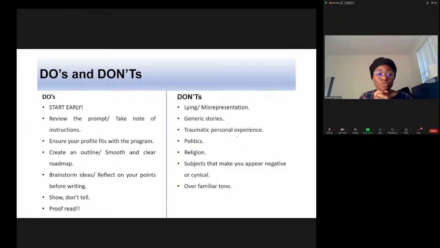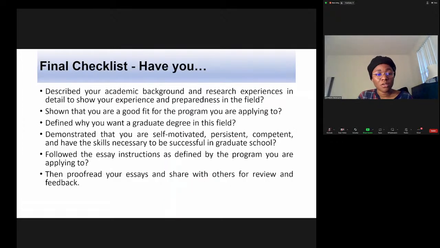Don't use an overfamiliar tone, as if you're writing about your baby you're cuddling. No. Make sure whatever you're writing, you still appear formal. Even if you're writing a personal statement, appear semi-formal to formal. Don't start using slang, Nigerian slang that these people don't even understand. You now write the Nigerian slang, then explain it in English. No, whatever you're doing, make sure you're professional about it.